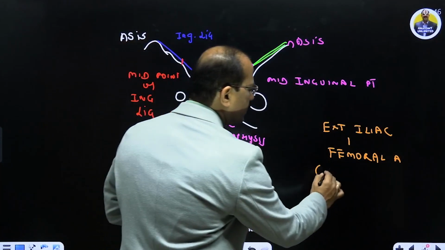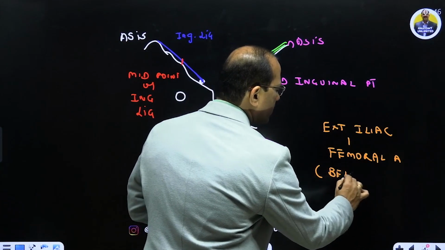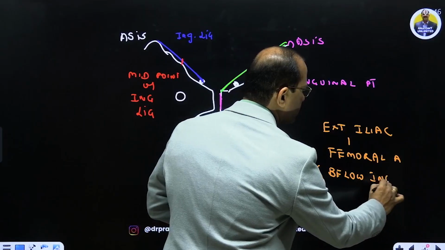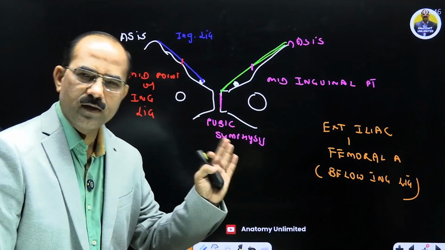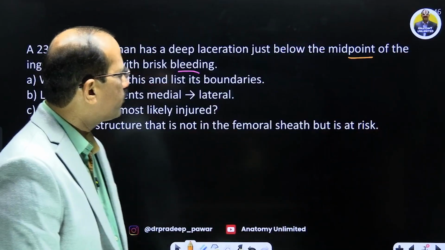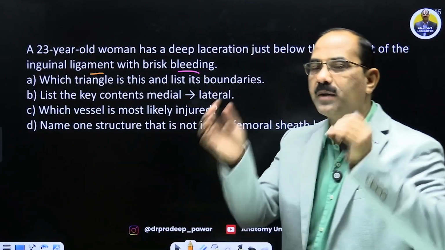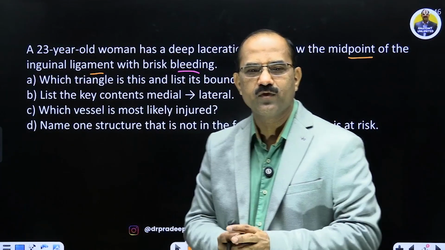Inguinal ligament के नीचे. So external iliac continues as femoral below the inguinal ligament. ये clear है बच्चों? Is this clear to all of you? चलो, तो midpoint of inguinal ligament, mid inguinal point is clear to all of you.